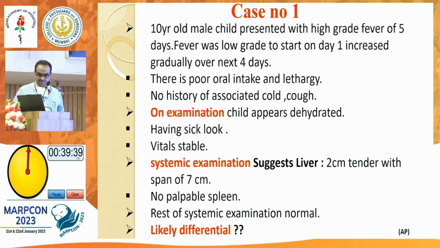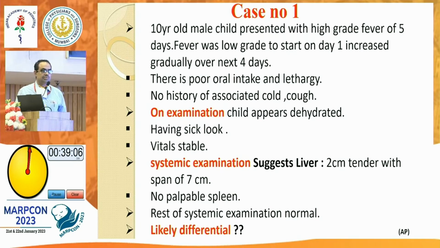As this is a 10-year-old male child and fever was low grade to start with, it may be bacterial, as in viral cases the fever usually is high grade, and also the child appears sick looking, dehydrated, lethargic. In viral fever, the patients are usually comfortable during the febrile period.